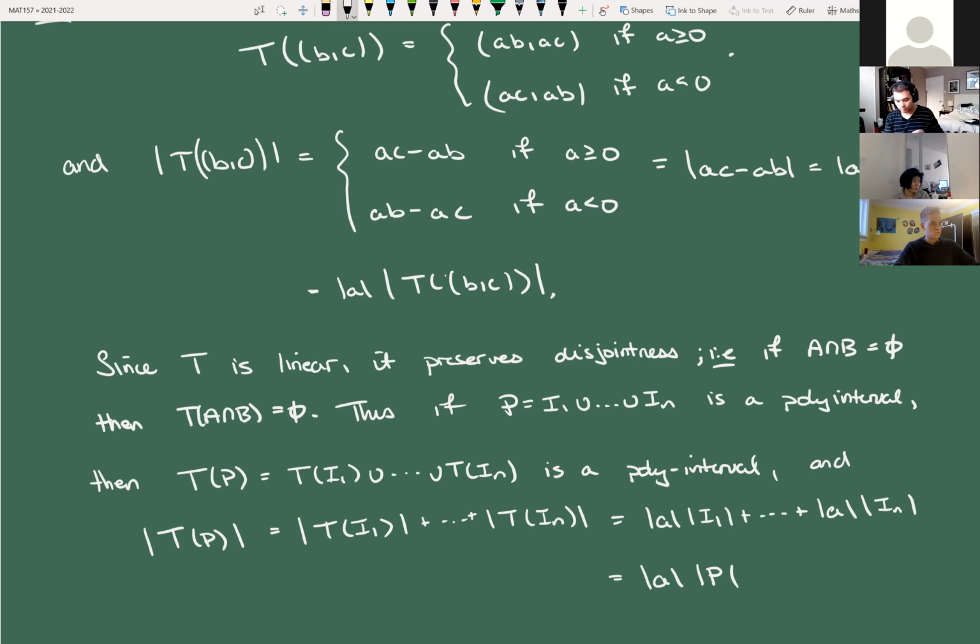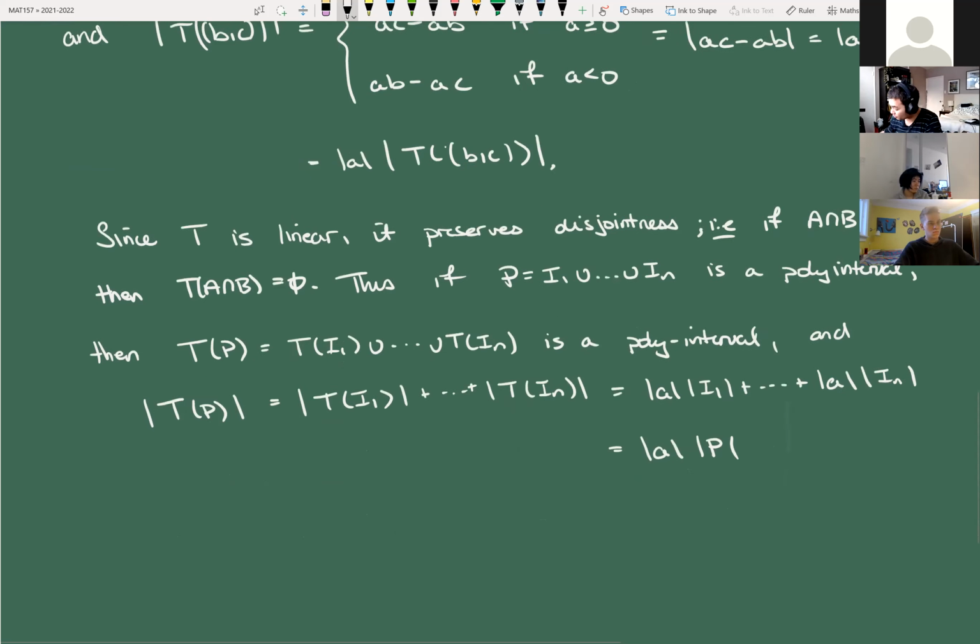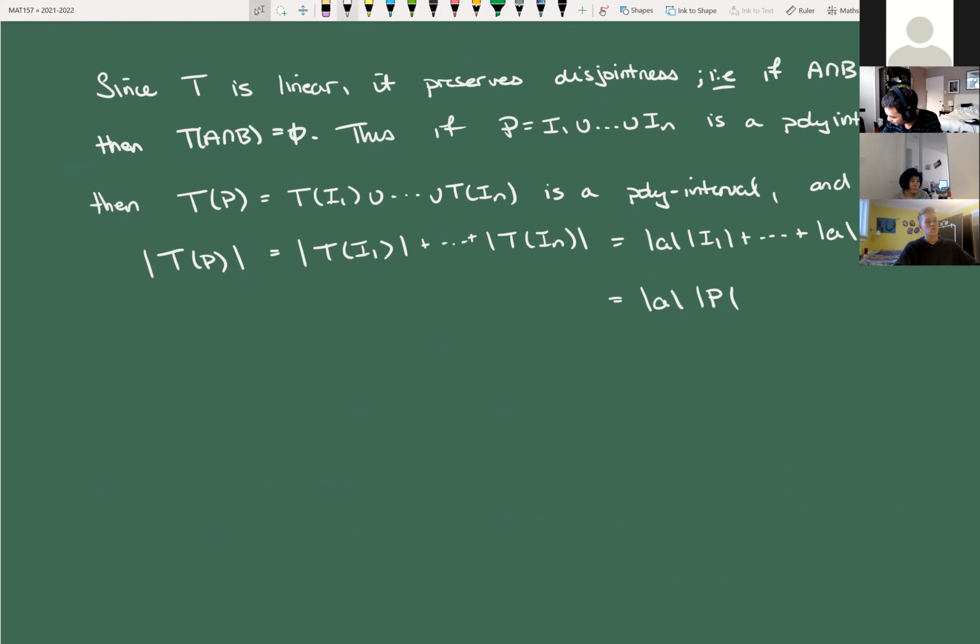Okay, so first thing we have to do is we have to prove T is measurable. All right, so claim: T of S is measurable. Okay, so let's prove this. I'm going to make another claim here that I'm not going to prove, but hopefully you believe it.